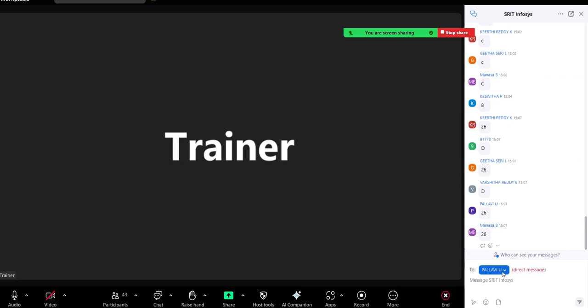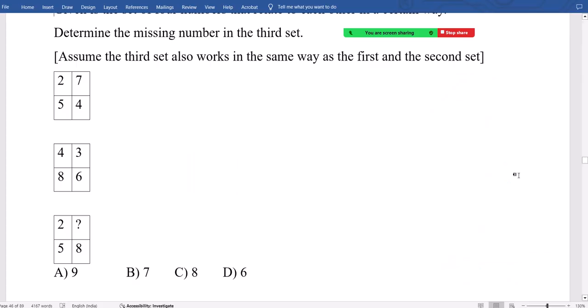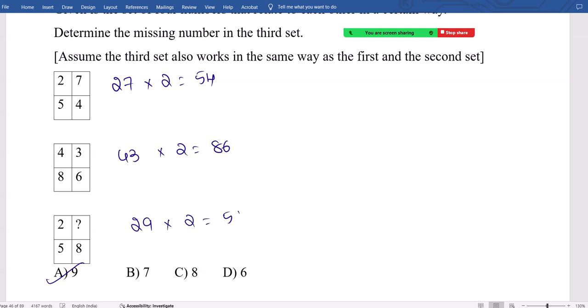Answer is 9. 27 double is 54. 43 double 86. 29 double 58.